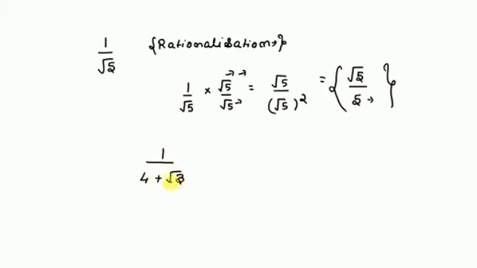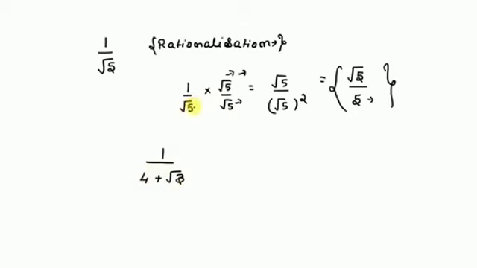Now let's take another example. 1 by 4 plus root 3. Here the numerator is 1 and the denominator is 4 plus root 3. 4 is a rational number, but root 3 is an irrational number, and the addition of these two will become an irrational number. So our denominator is irrational, and what do we have to do? We have to make it a rational number.